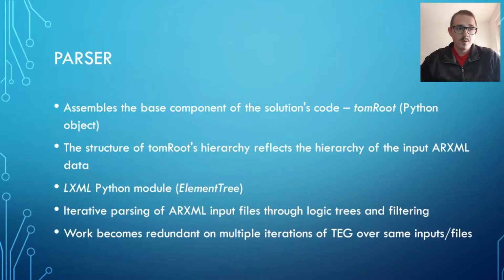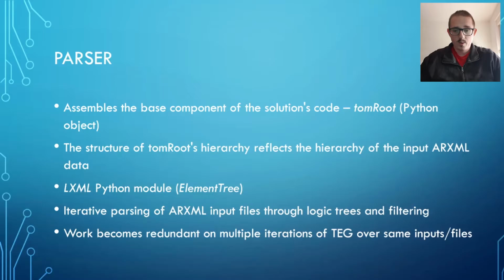To achieve this parsing, the existing solution used the LXML Python module, which is a derivative of ElementTree. The iterative parsing of these input files is done through logic trees and filtering. The main issue I found while examining the existing solution with this parser bit was that the work of the parser becomes redundant on multiple iterations of a tag.